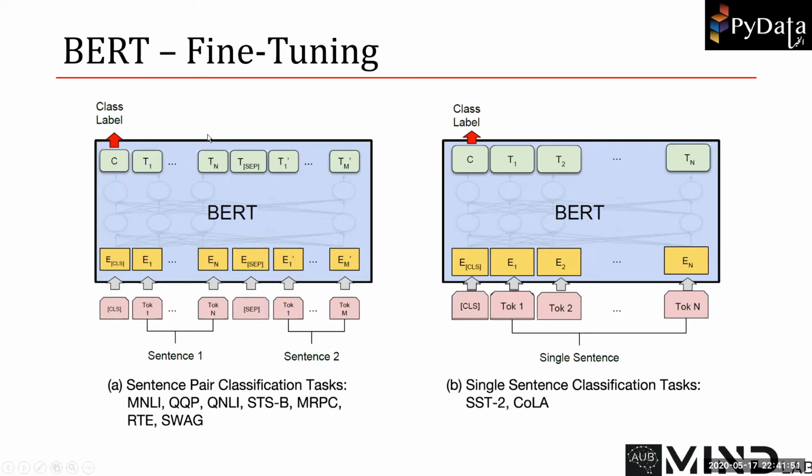So we take the pre-trained BERT model. Here, let's take the task of a single sentence, let's say sentiment analysis. We take the embedding of the first CLS token, which stands for classification token. We append a dense layer over it and train the model with the layer on it. And we only care about the output of this class label here.